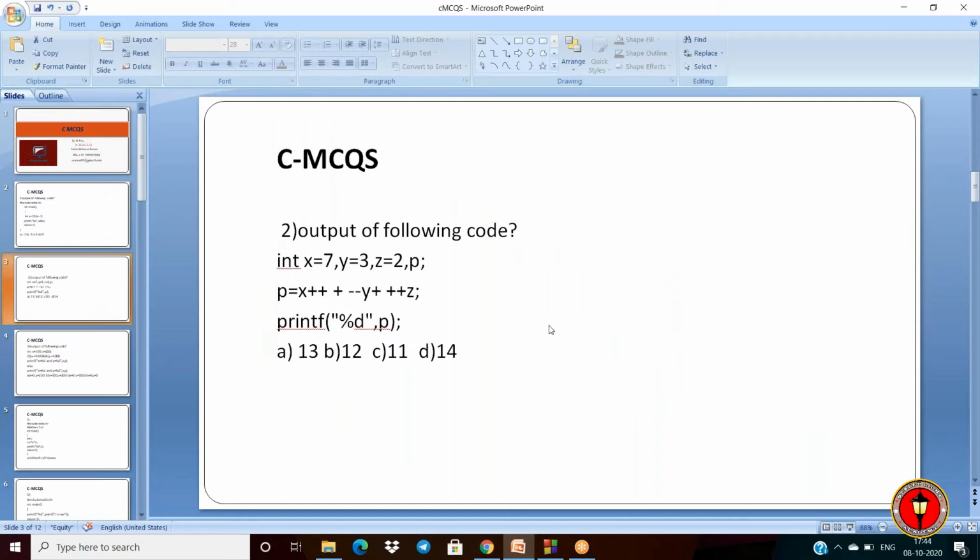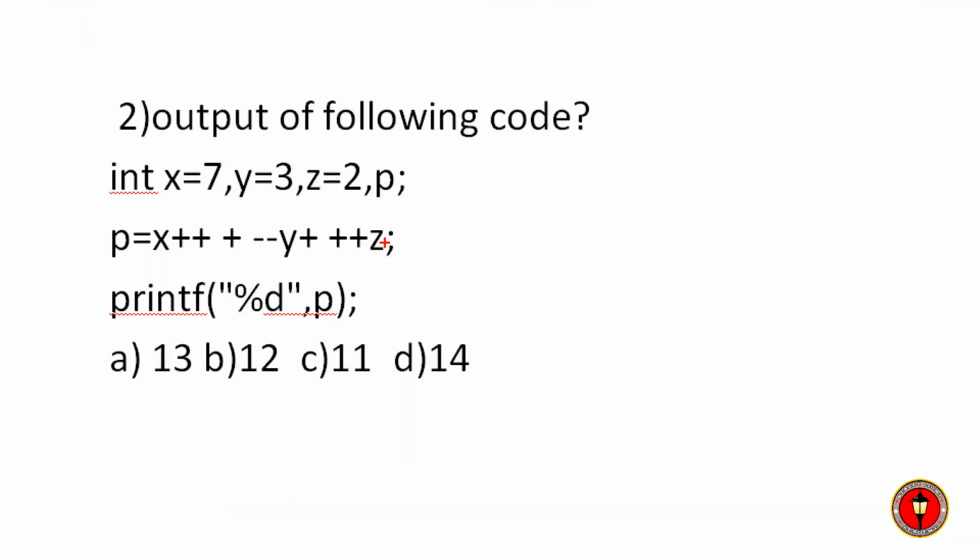So coming to the next question. If x is 7 and y is 3 and z is 2, what is the value of p? For this, we are using increment operators. Increment operators are evaluated from right to left.